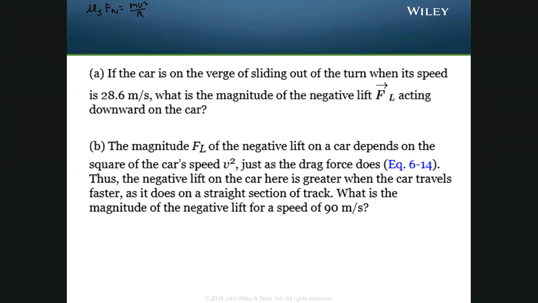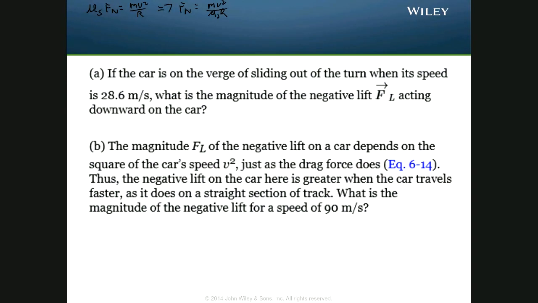And this implies that Fn equals m v squared over mu s r, right? We know m, we know v squared, it's given here. We know mu s and we know r. So we are able to find Fn.